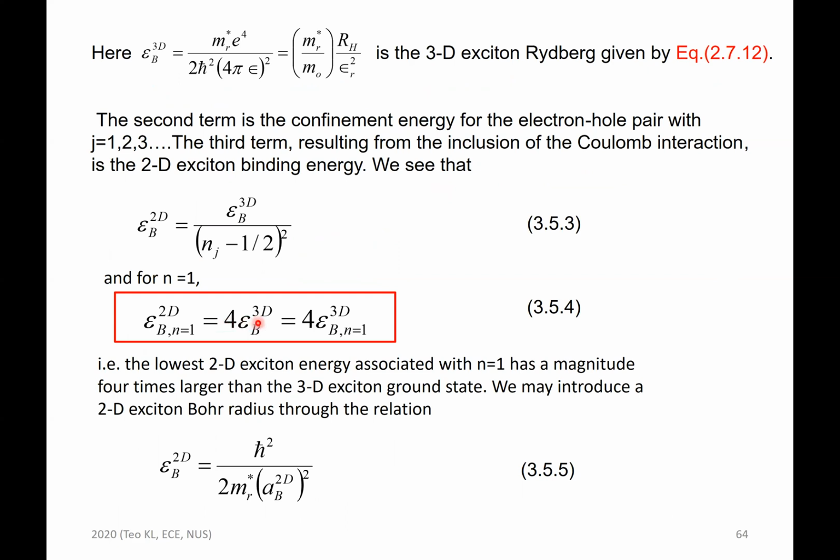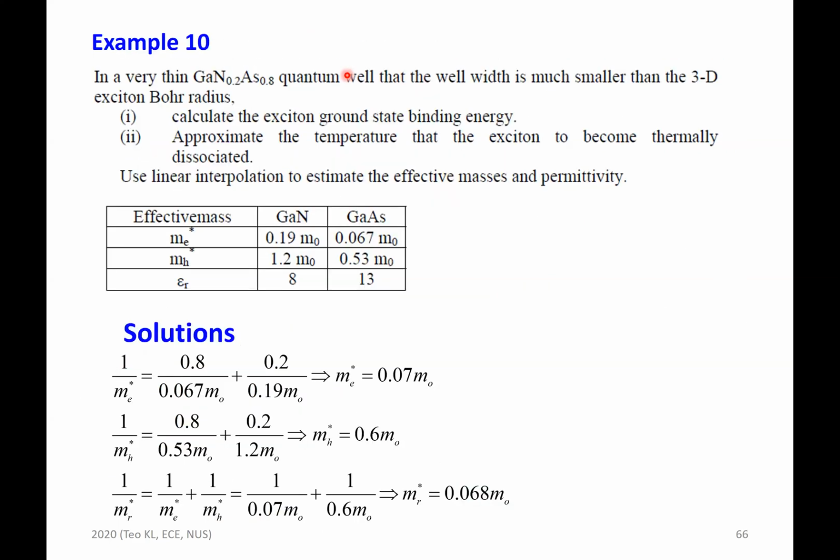And for the binding energy for the 3D case, you need to calculate the reduced mass and the dielectric constant. For an alloy, you have to do a linear approximation to calculate the reduced mass of this material.